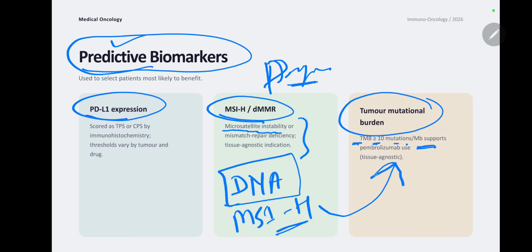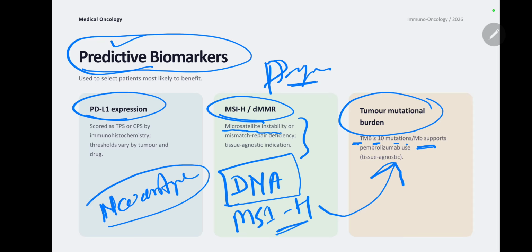When the somatic mutations are more, that means more neoantigen is produced. If more neoantigen is produced, then there is more PDL1 expression. So they are interconnected with each other. So these biomarkers are used for treating with PDL1 or checkpoint inhibitor therapy.